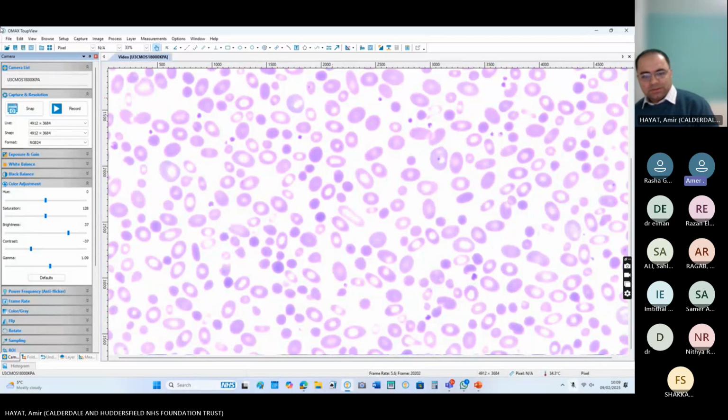This film has macrocytes, elliptocytes, spherocytes, fragments, teardrop cells, Howell-Jolly bodies, contracted cells, everything. The lab terminology is vomitus of red cells, or red cell vomitus. So this is hereditary pyropoikilocytosis.